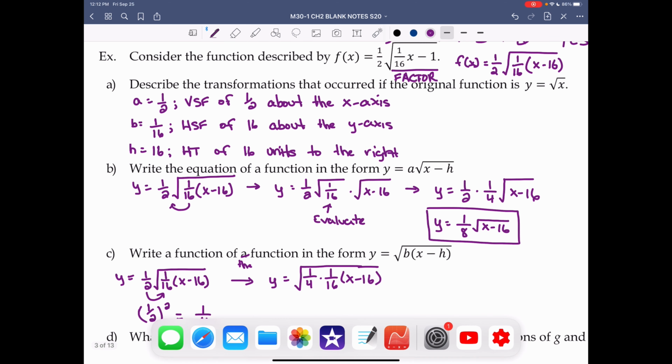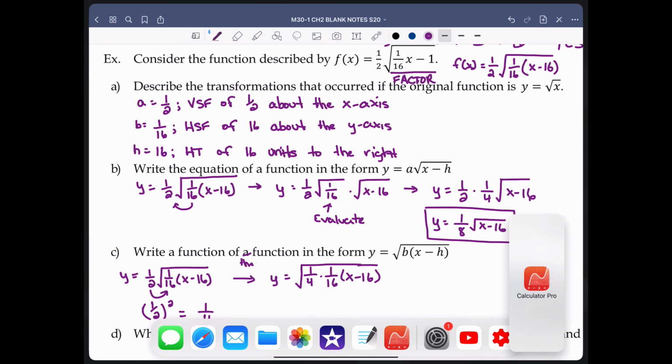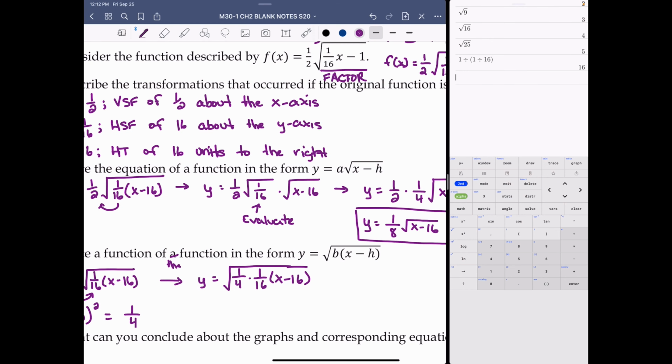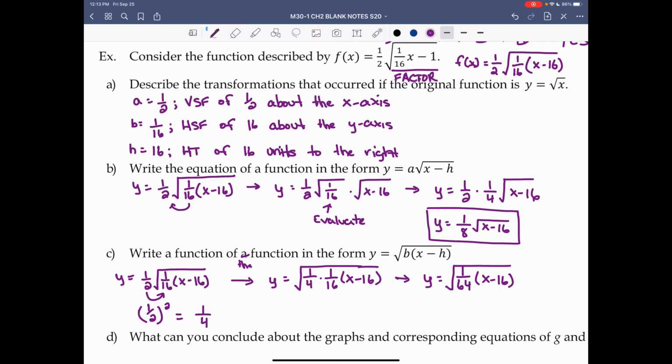And then using our calculators, 4 times 16 is 64, so we get y equals the square root of 1/64 times x minus 16. And there is our function written with just a b value, no a value.